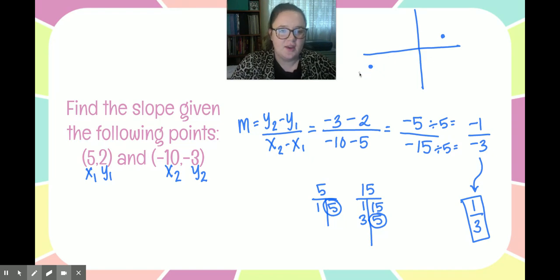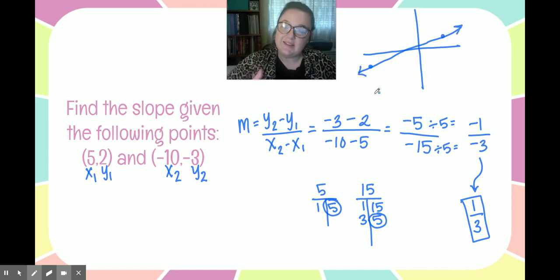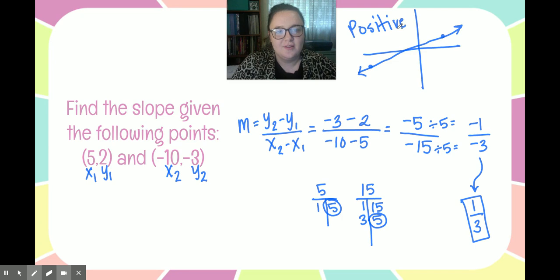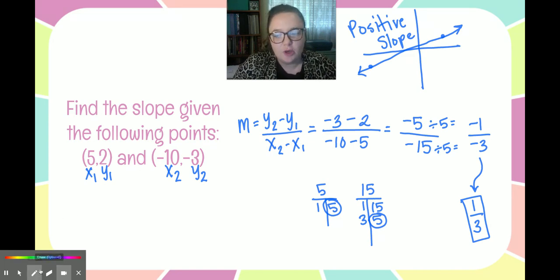If you connect those 2 points, I'm going to do my best to draw a straight line to connect them. If you connect those points, what type of slope does that line have? It's increasing, right? It's going up. This line has a positive slope. So you have to know that your answer is a positive, and that's why our answer was positive 1/3 when we simplified. Okay, I hope that you're feeling more comfortable with this slope formula.